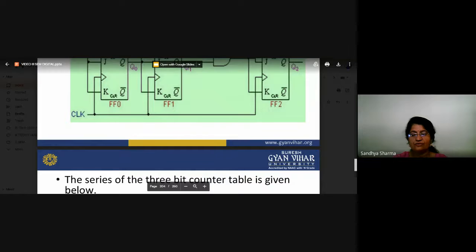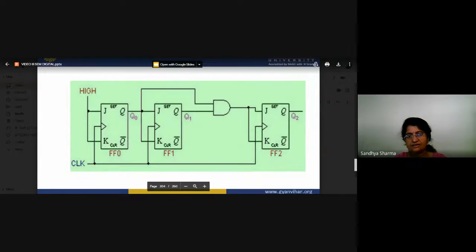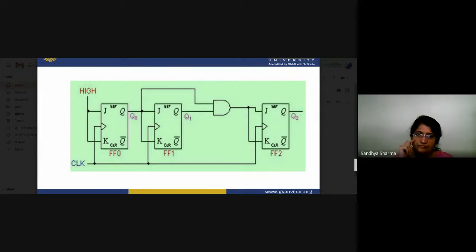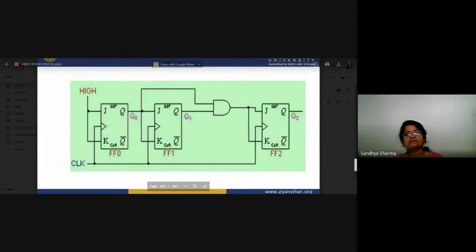That is the thing you can see in this diagram. We have to apply the clock pulses at the same time, and there are 3 flip flops.